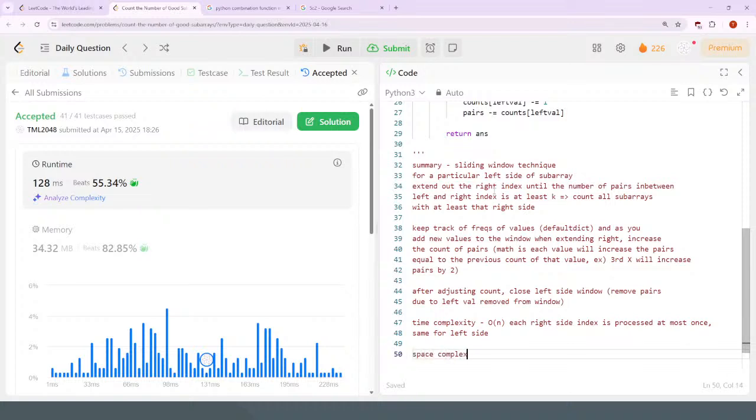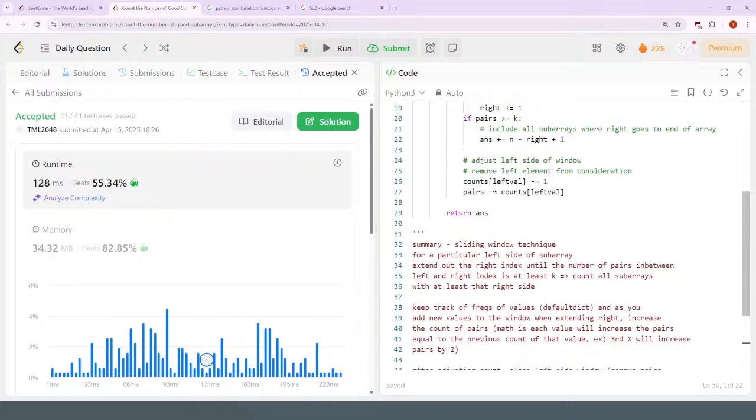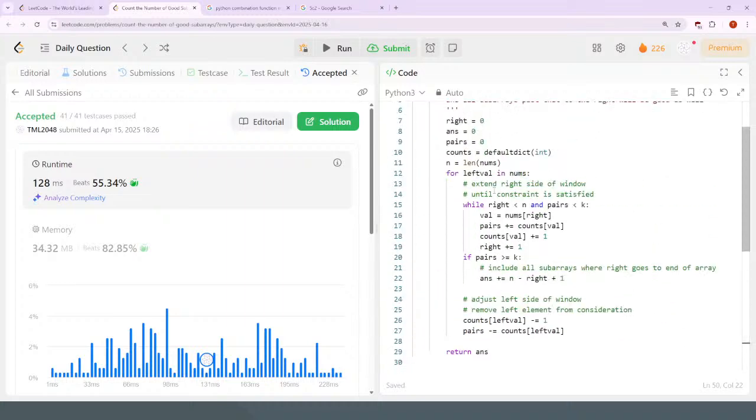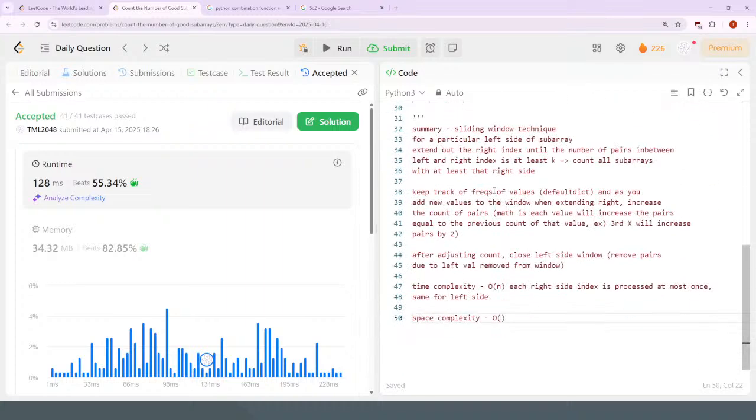And space complexity. This is O of, did I actually create anything here? Yeah, so this is space for the mapping, and that's kind of like O of, I guess that could be almost O of n for mapping frequencies.